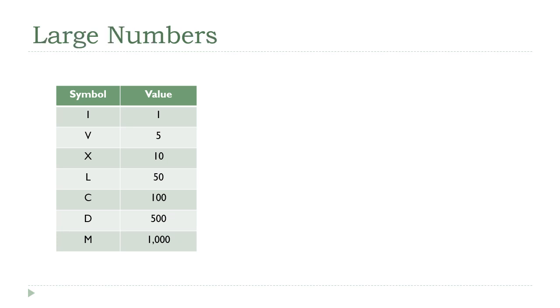Now, for very large numbers, there's another rule that helps to shorten the number of digits required. For numbers greater than 5,000, at which point writing out the individual digits would start to get cumbersome again, putting a bar over a number meant that it should be multiplied by 1,000. For example, to write 7,000, instead of writing 7 M's, we could write VII, which would be a 7, with a bar over it.